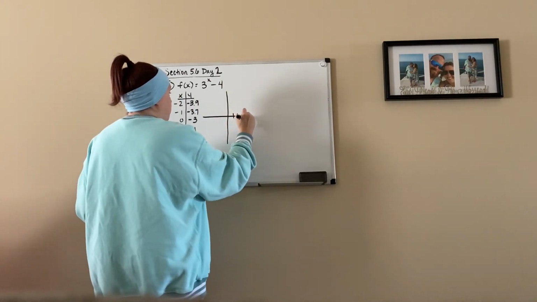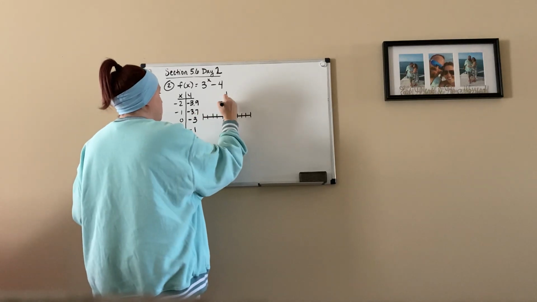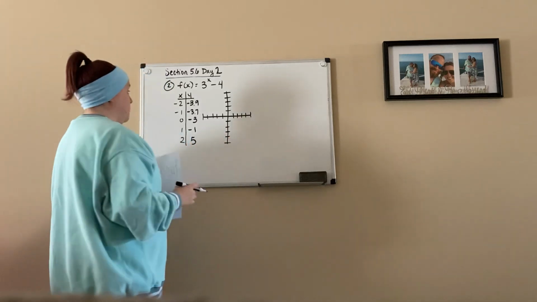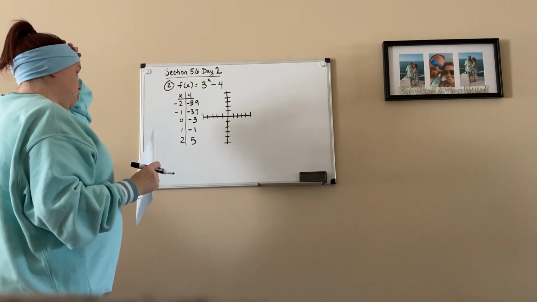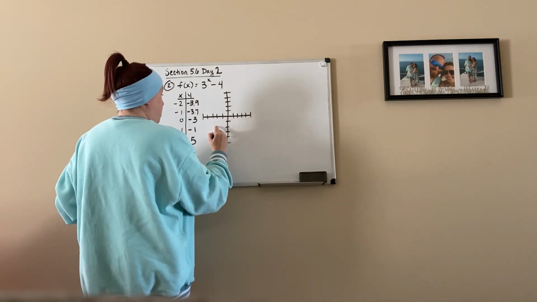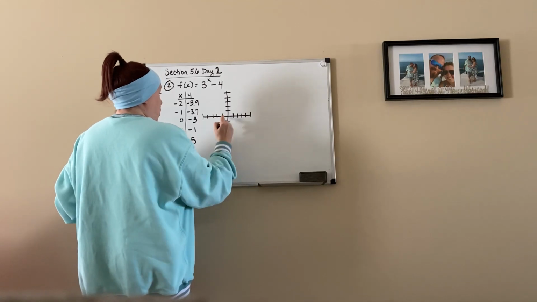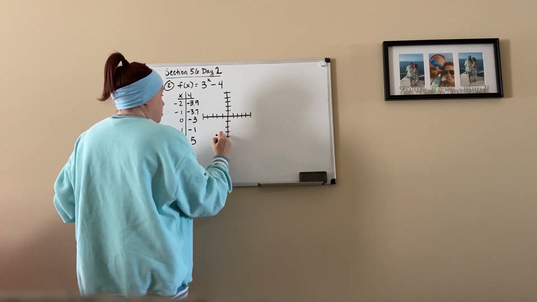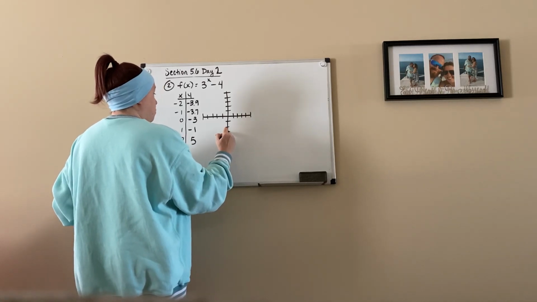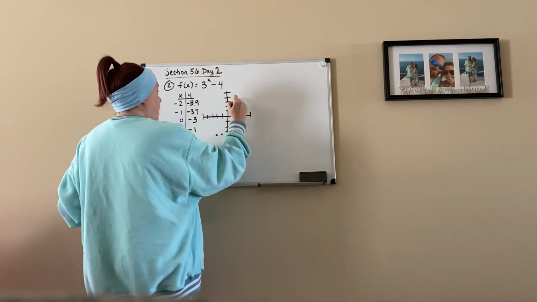So -2 is at -3.9, which is down almost to 4. -1 is at -3.7, which is really close to the other dot that we just did. 0 is at -3. 1's at -1, and 2 is way up here at 5.